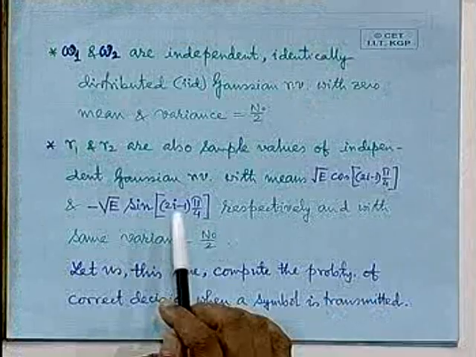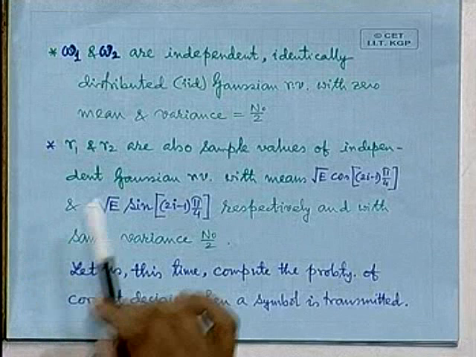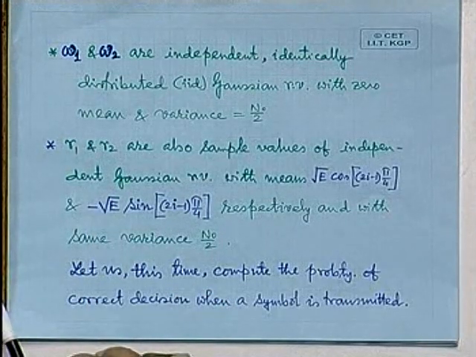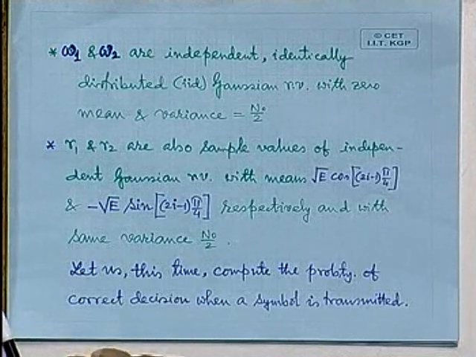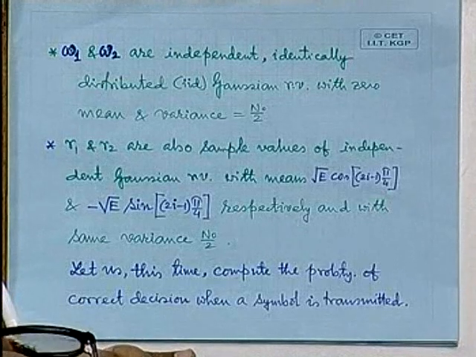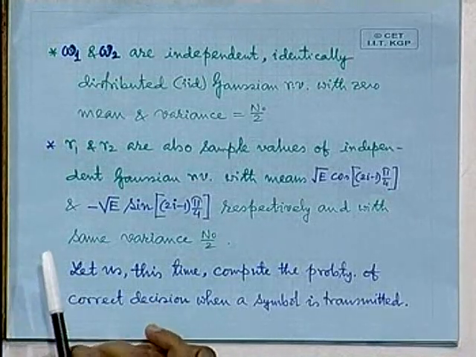How am I saying this? Because we had a similar thing for BPSK also. So this is an extension, very closely. So, I can say R1 and R2 are random variables first of all. Randomness is because of the correlated value of the noise at the output of the correlator, and the mean values are known.